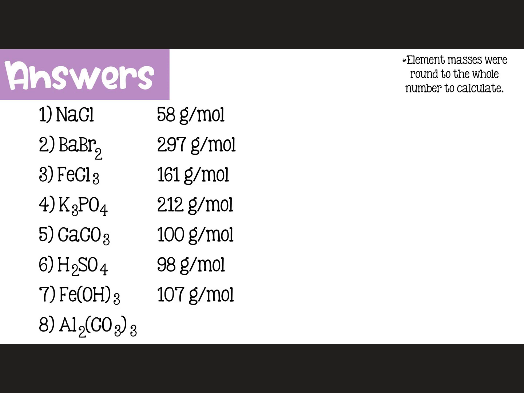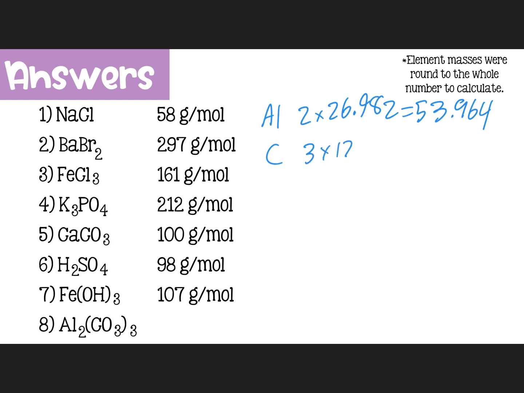For our final example, let's look at aluminum carbonate. There are two aluminum atoms, each with an atomic mass of 26.982 for a total mass of aluminum of 53.964. Then there are three carbon atoms, each with a mass of 12.011 for a total mass of carbon of 36.033.